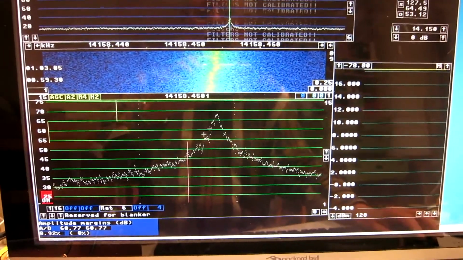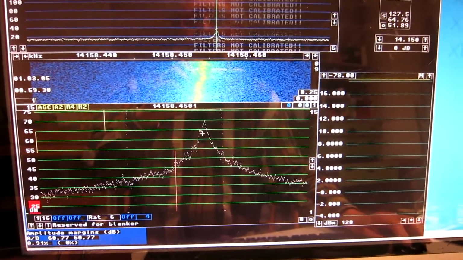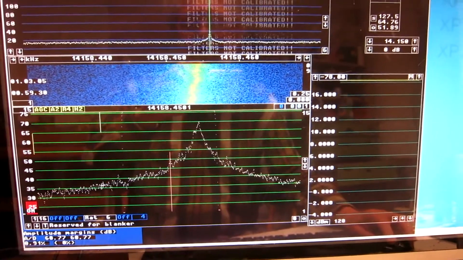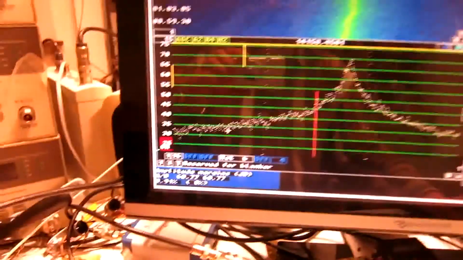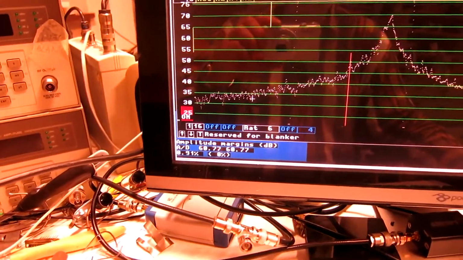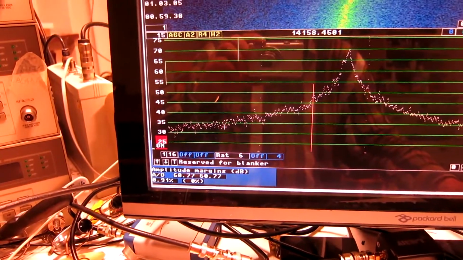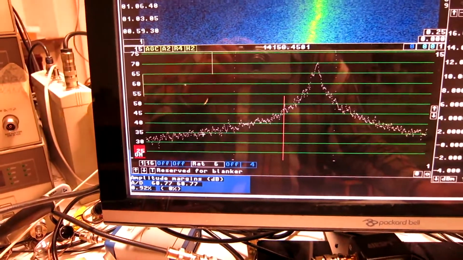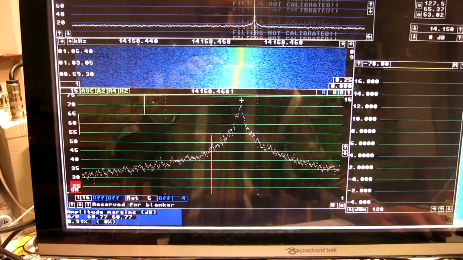And the noise peak is here, and you can see how the noise density changes with frequency. The level is 60 decibels below saturation for the SDR-IP, and I have 12 decibels of gain, low noise gain, in front of it.